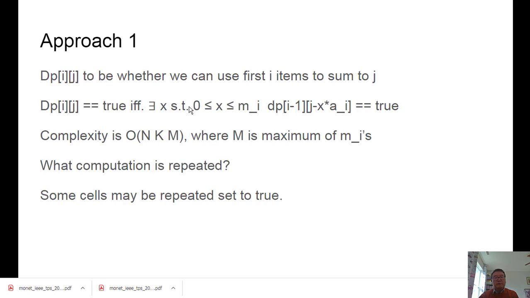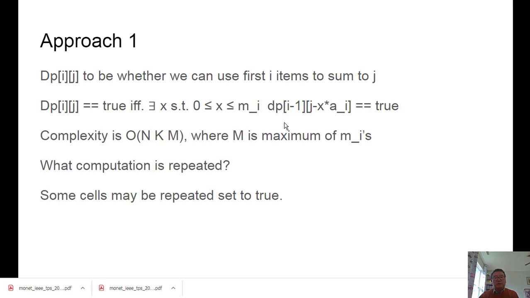But the naive implementation of this will have a complexity of n times k times m, because to fill this one cell, it appears we'll be looping through this x. But we are actually repeating a lot of the checks.